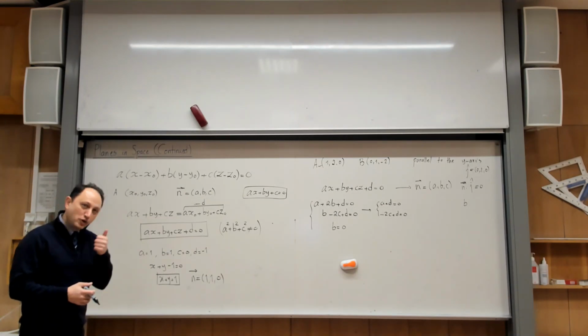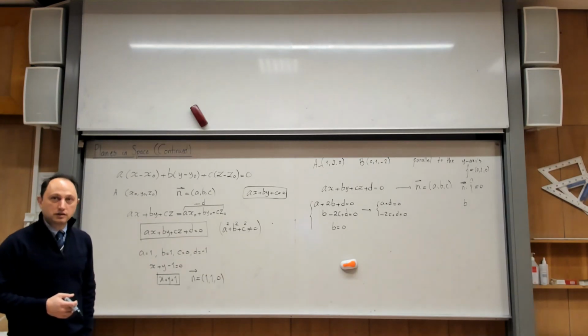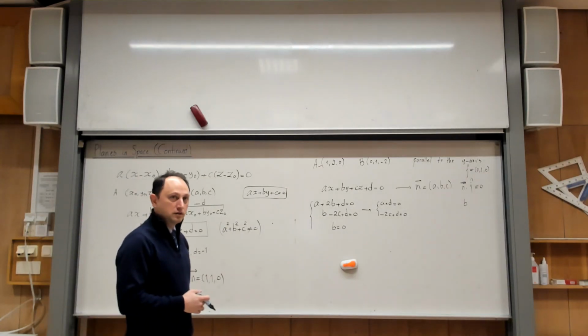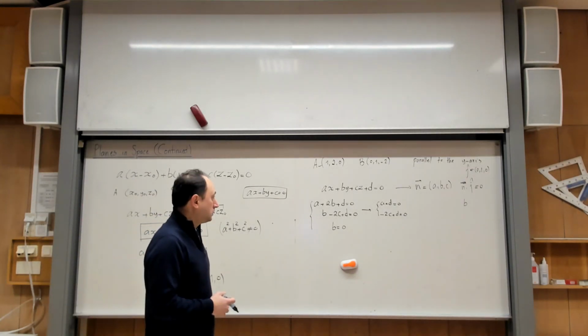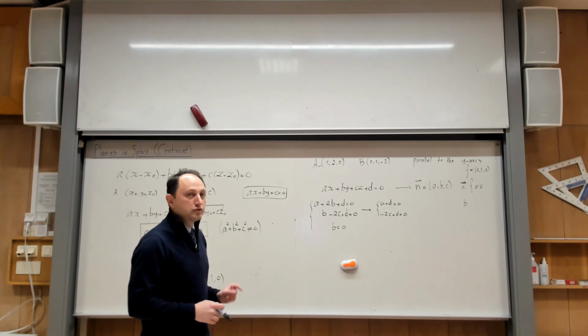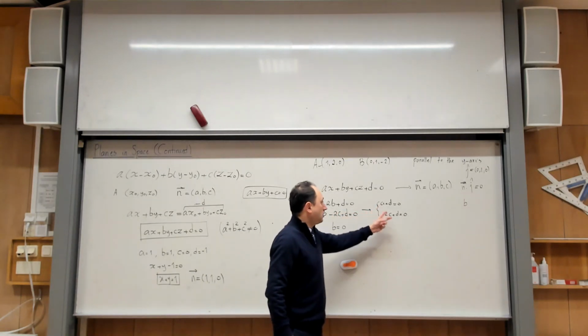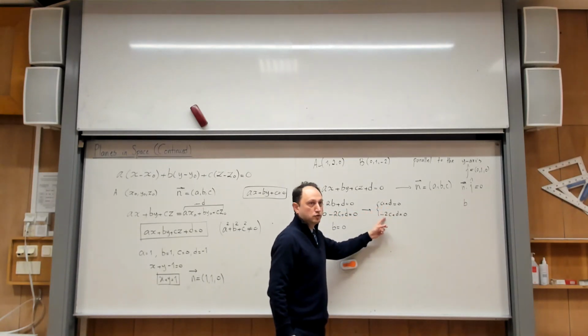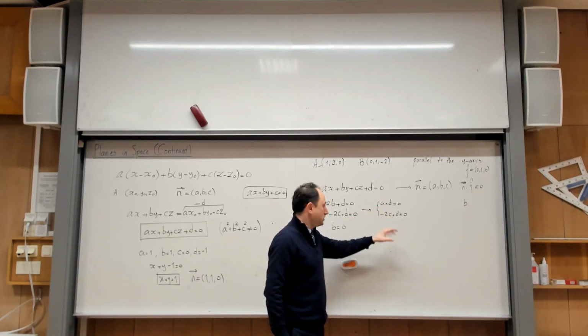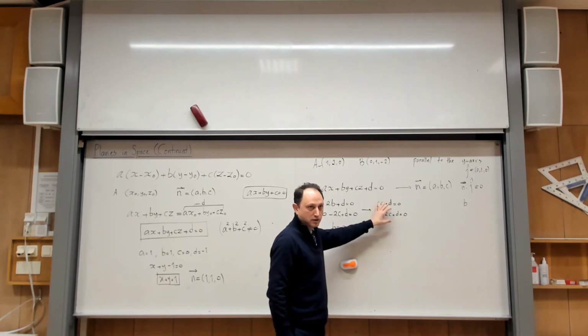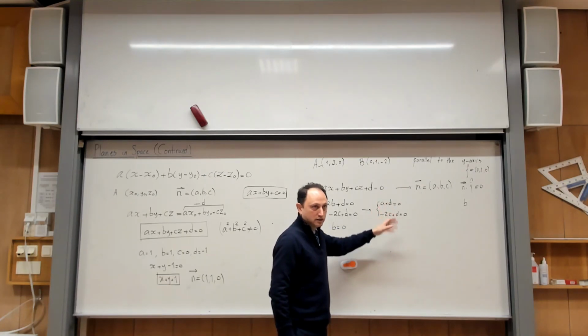In principle, you have 1 more equation. But I mean, don't try to solve it yet. Because I have only 2 equations, but how many unknowns are left for me? 3. So if you insist, you will not be able to find this exactly.